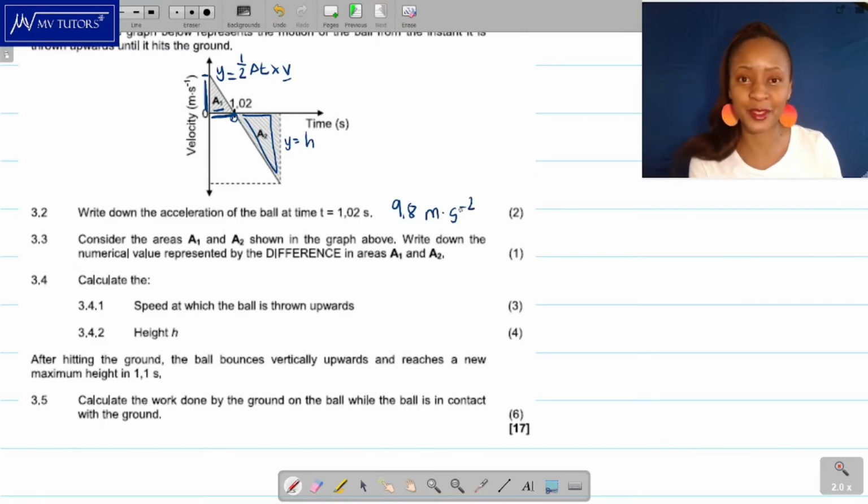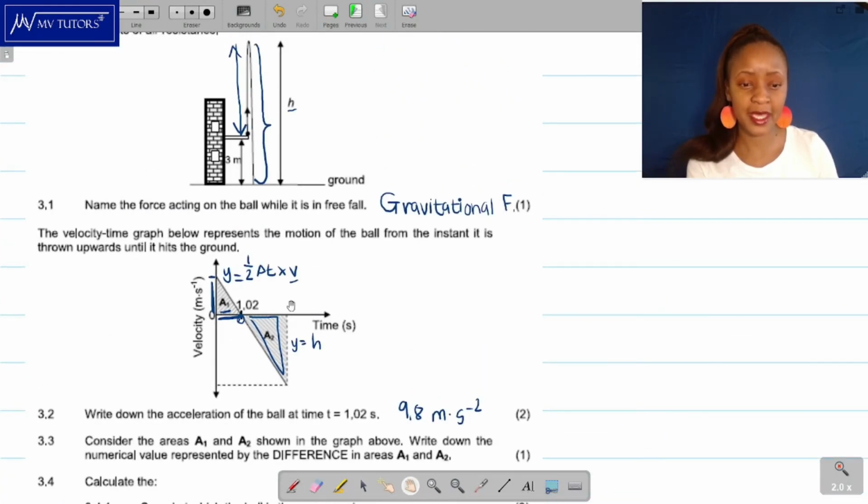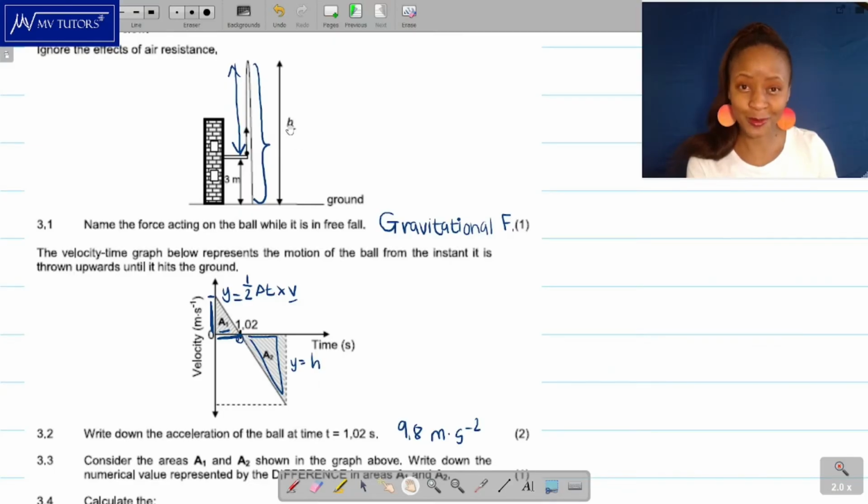They gave you 2 marks. Maybe it's 1 mark for the value and 1 mark for the unit. Now they're saying consider the areas A1 and A2 shown in the graph above. Write down the numerical value represented by the difference in the areas. I took some time explaining that the second graph is actually the whole of h, and the first graph just represents this first portion.